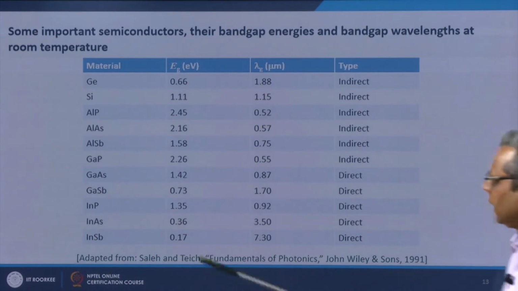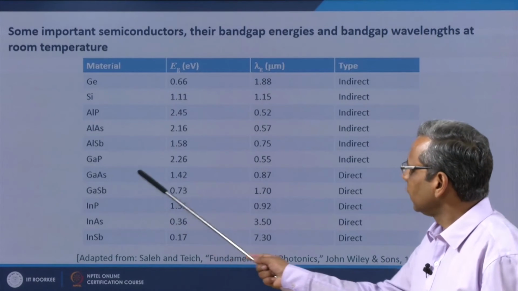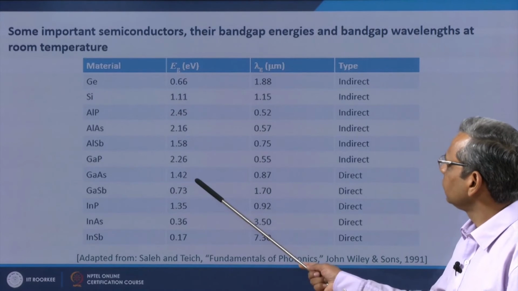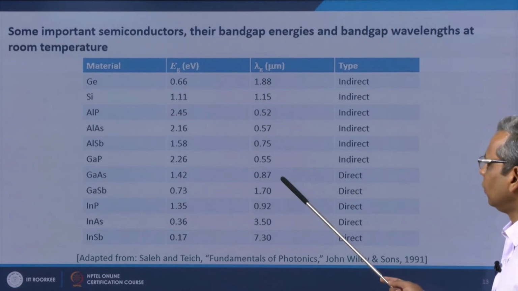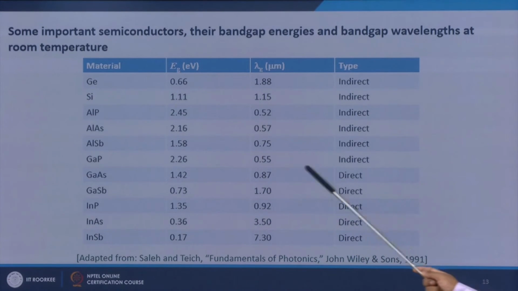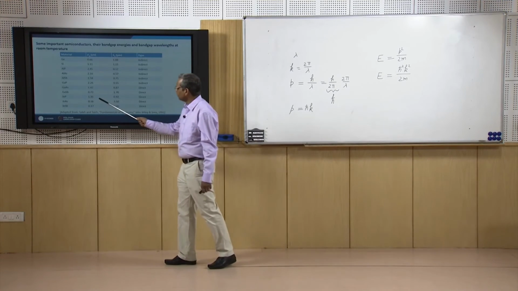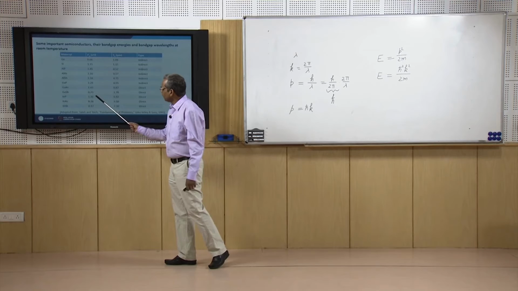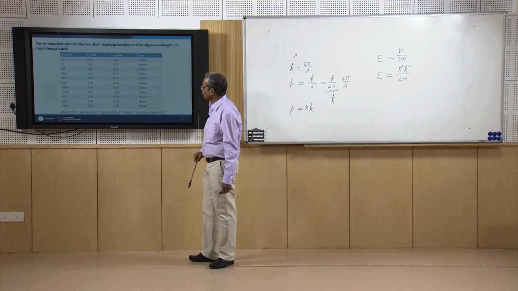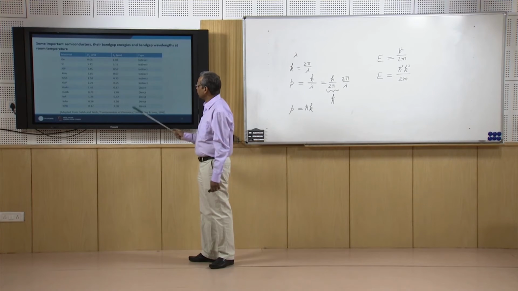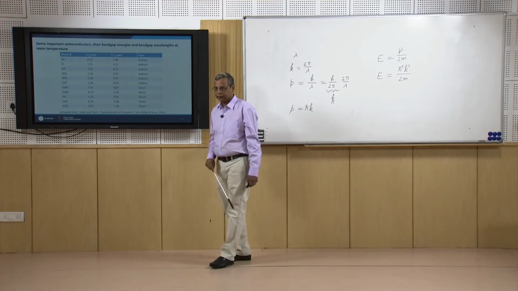You can look at gallium arsenide, which has band gap energy of 1.42 electron volt, band gap wavelength of 0.87 micrometer, it is a direct band gap semiconductor. Indium phosphide, 1.35 electron volt band gap energy, 0.92 micrometer band gap wavelength, it is a direct band gap semiconductor.